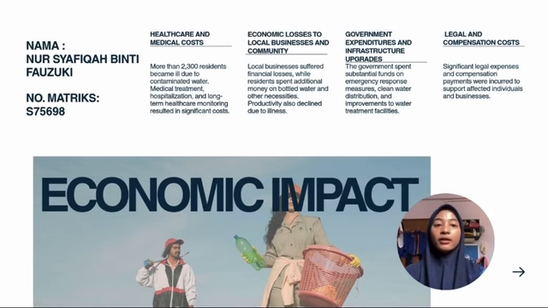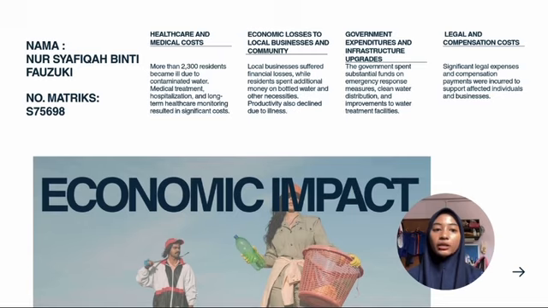Next, economic impact. First, healthcare and medical costs. More than 2,300 residents became ill due to contaminated water. Medical treatment, hospitalization and long-term healthcare monitoring resulted in significant costs. Second, economic loss to local business and community. Local businesses suffered financial loss while residents spent additional money on water and other necessities.